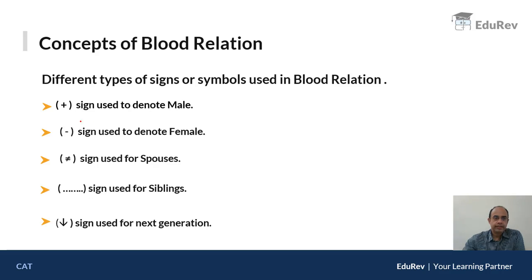Now, male will be denoted by plus, female will be denoted by minus, spouses means husband or wife, they would be denoted by not equal to sign, siblings means children from the same parent, they will be denoted by dotted lines, and arrow down, this arrow down sign we use for next generation.